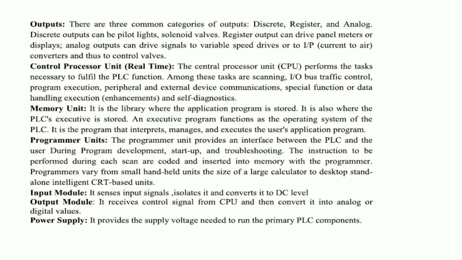Memory unit: it is a library where the application program is stored and it is also where the PLC's executive is stored. An executive program functions as the operating system of the PLC.